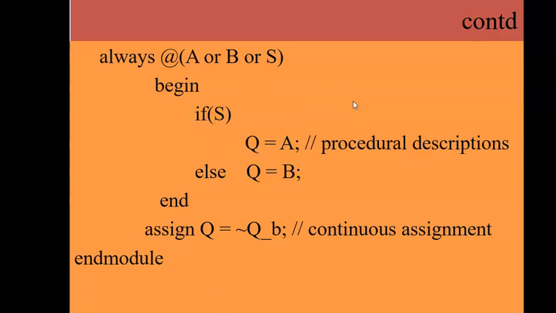But to explain clearly, this behavioral model can also contain a continuous assignment. That's why these are all procedural descriptions. This is a continuous description or assignment. So assign Q bar, you can see this here. This assignment is a continuous assignment.